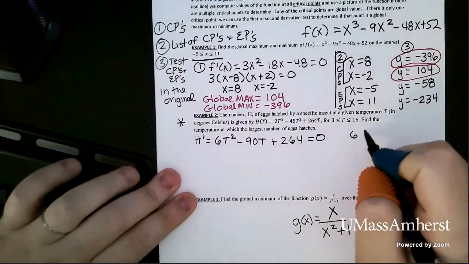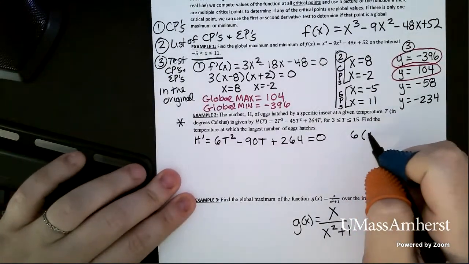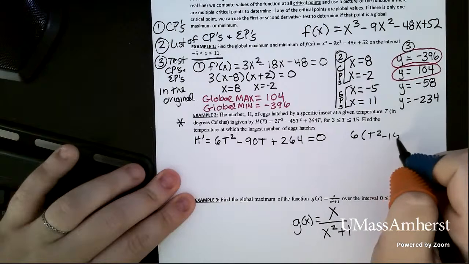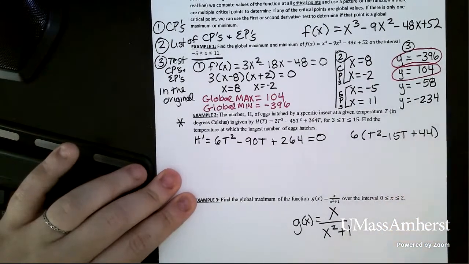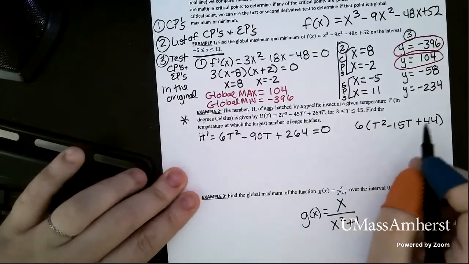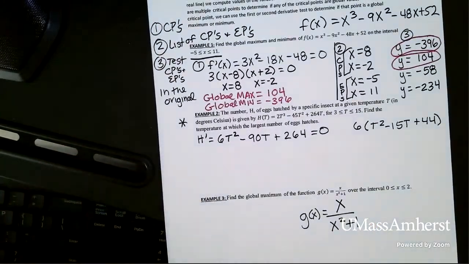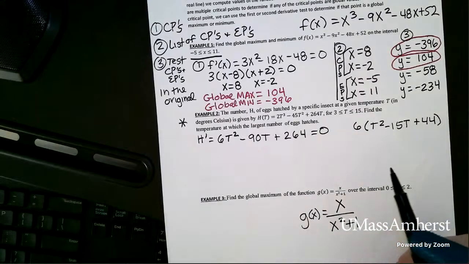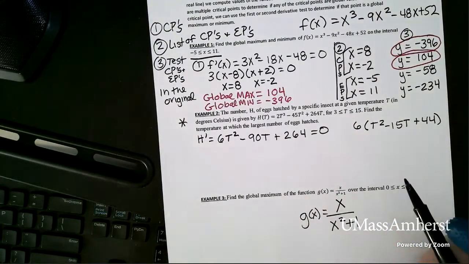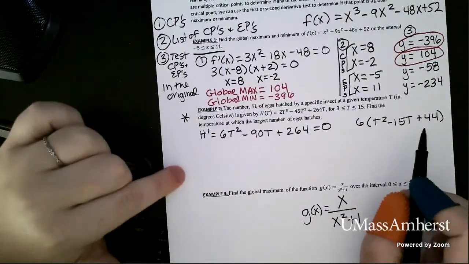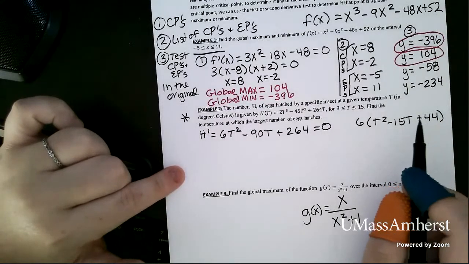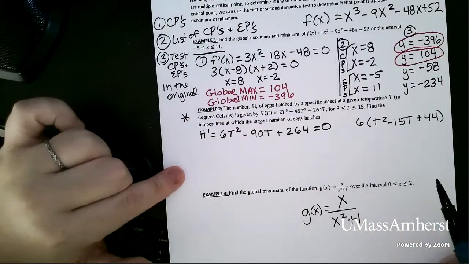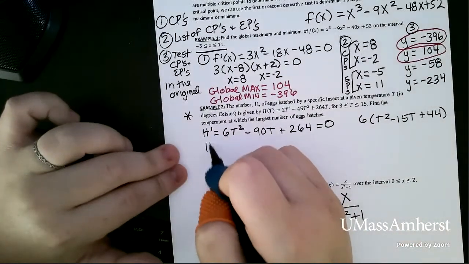I factored it. First I pulled out the 6, and I was left with t squared minus 15t plus 44. Then I was thinking, what two numbers will multiply to give me 44 but add up to give me negative 15? It took me a minute. But if we use negative 11 and negative 4, 11 times 4 is 44, and since they're negative, they add up to negative 15.